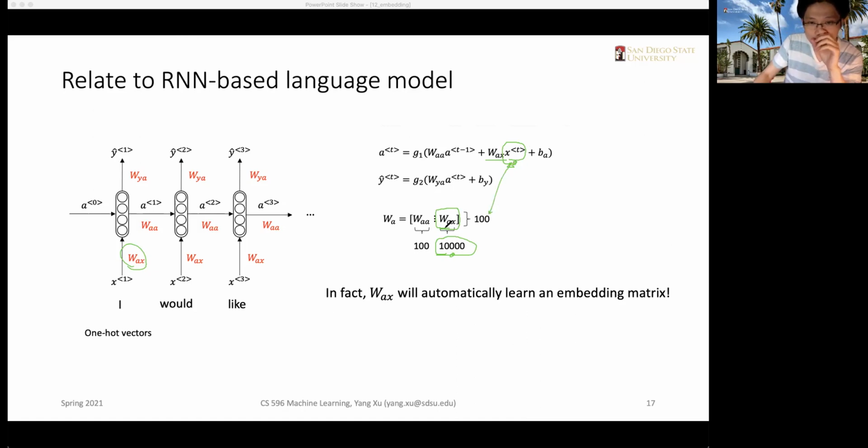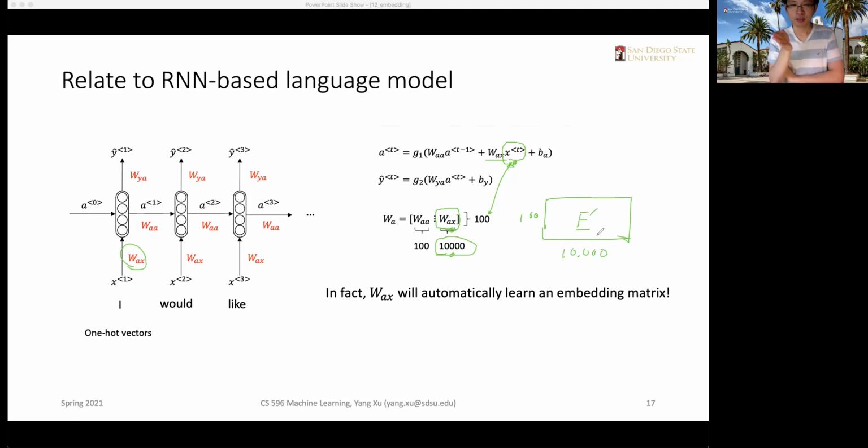So you can think of WAX as 100 by 10,000. It is itself an implicit embedding matrix, very similar to the 300 by 10,000 embedding matrix.